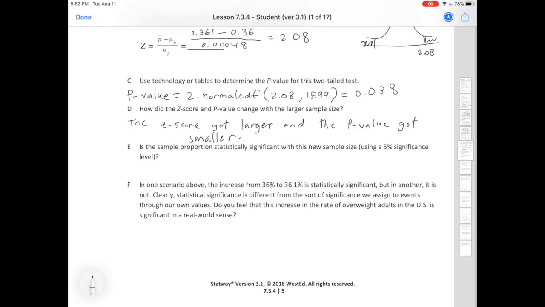Okay, so is the sample proportion statistically significant with this new sample size using a 5% significance level? The answer is yes, right? Because 0.038 is smaller than 0.05. So yes, it is significant.